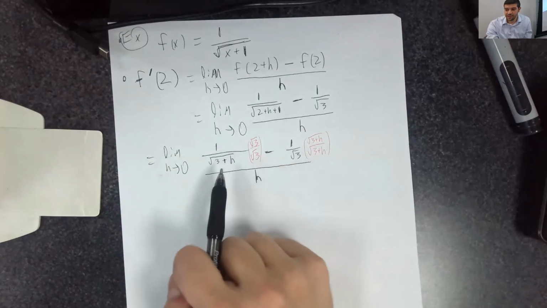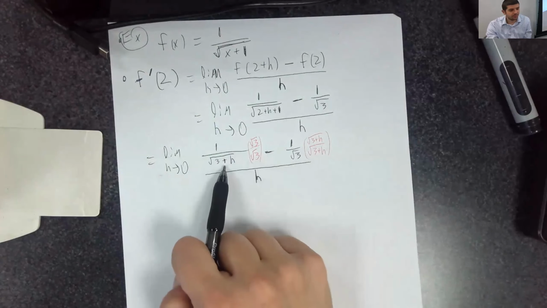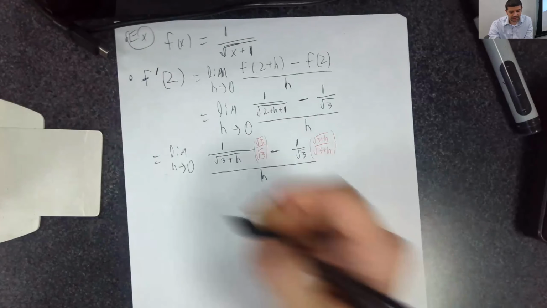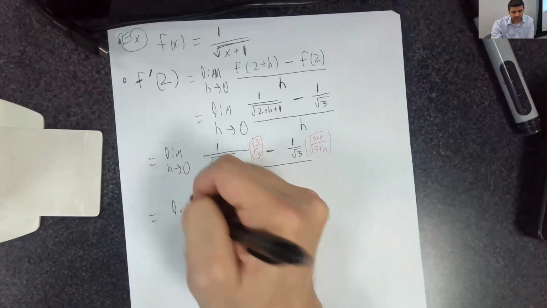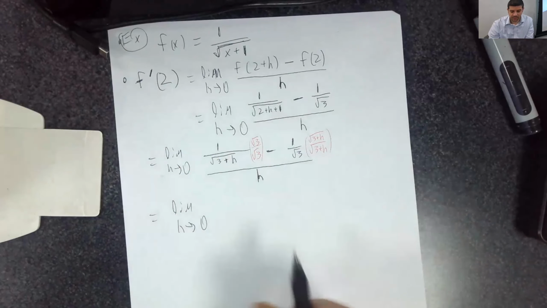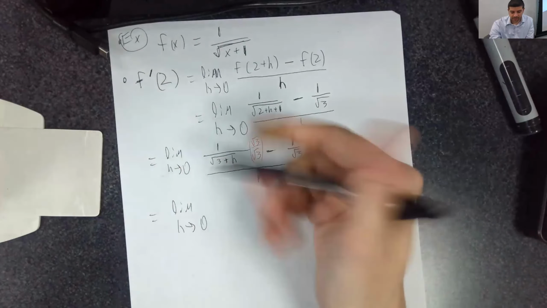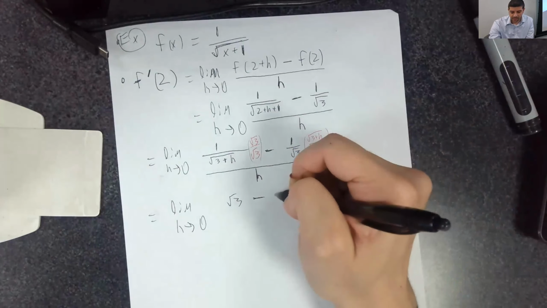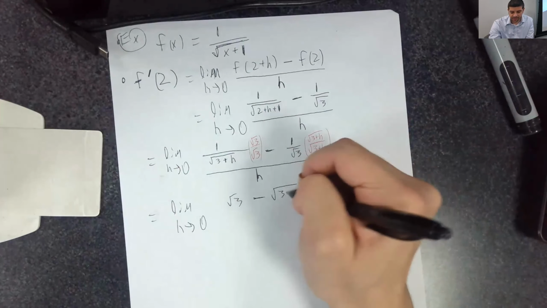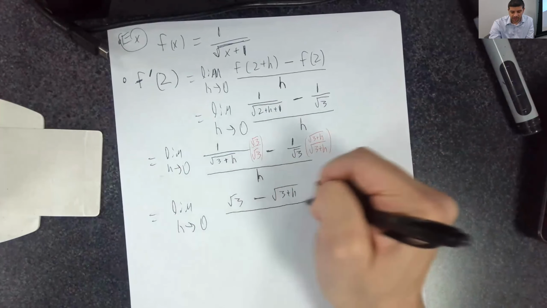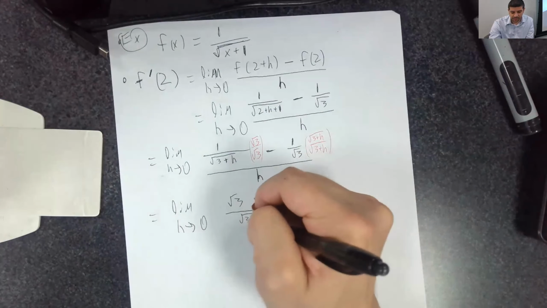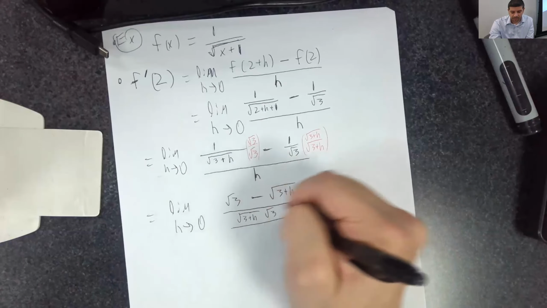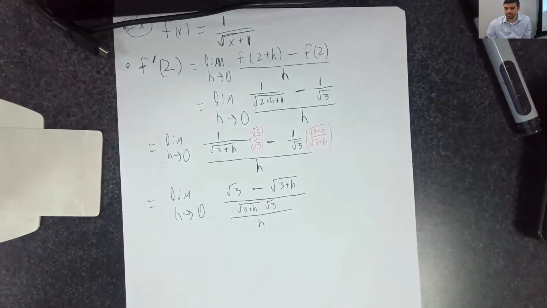Okay, notice guys, the common denominator is rad 3 times rad 3 plus h. Okay, that'll make the denominator common. Limit as h goes to 0. So the numerator is rad 3 minus radical 3 plus h, and the common denominator is rad 3 plus h times rad 3, all divided by h.